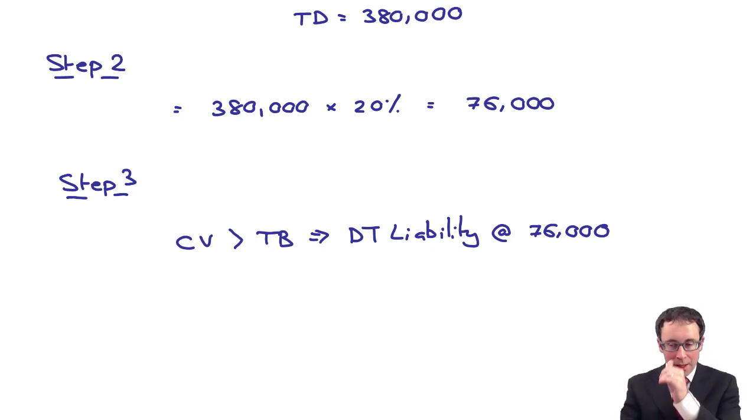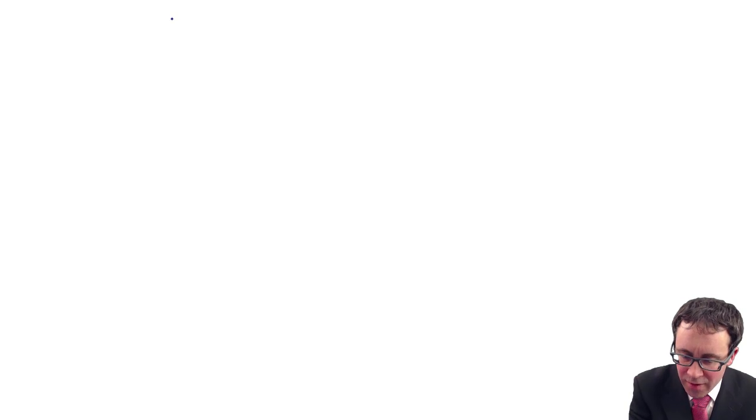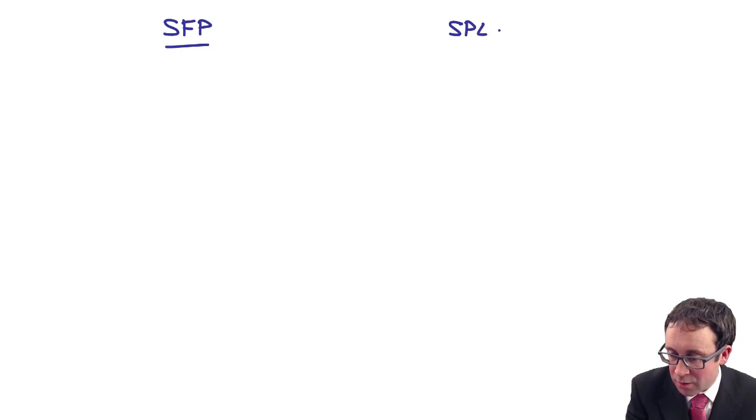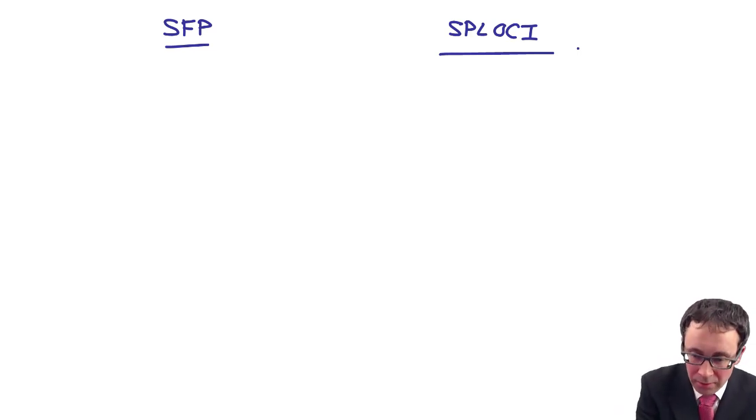There we go. So should we just take a pause there before we go through and look at step 4? Let's think about the financial statement. So the statement of financial position, the statement of profit or loss, and other comprehensive income. And if we wanted extracts from them, get the easy bits.